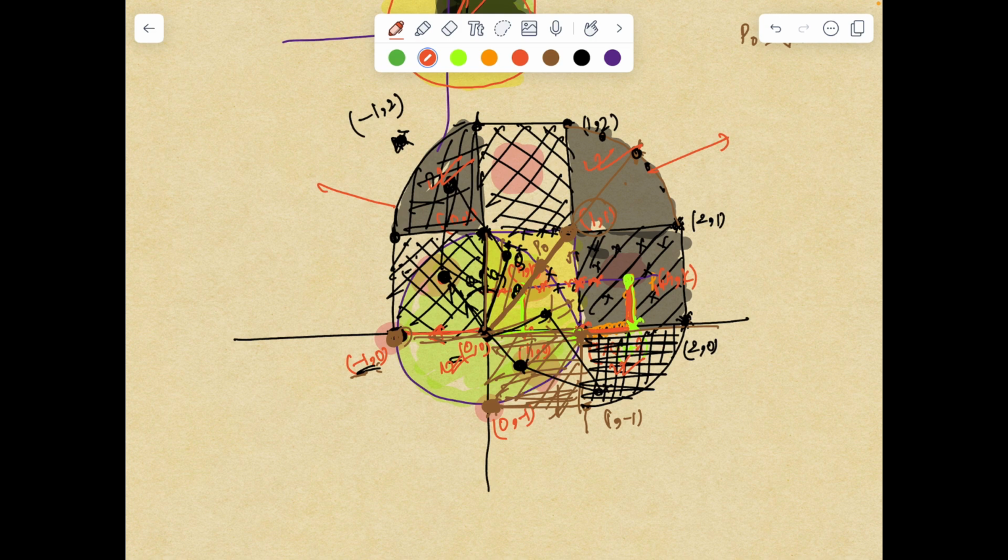So these are the parts of circles for your clarity, and we have 1, 2, 3, 4 and 5 squares. The answer for the problem is 5 times the area of 1 square, which is 1, plus a full circle which has area pi. And the answer for this beautiful problem is 5 plus pi.